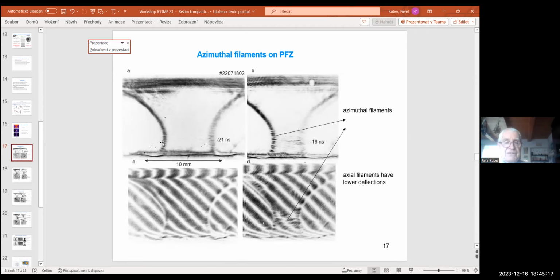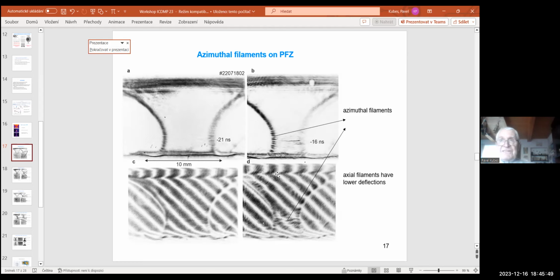Here we see interesting configuration formed by small azimuthal filaments, with longer lengths, for example, in this case, when we see practically filaments along the total azimuthal length. Here we see also this fine structure in perpendicular direction.